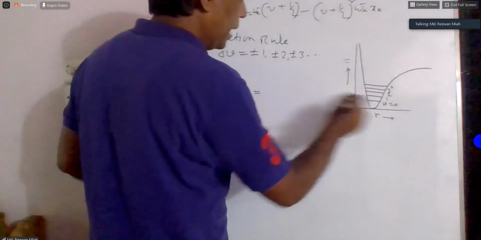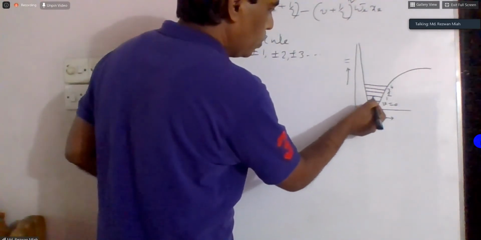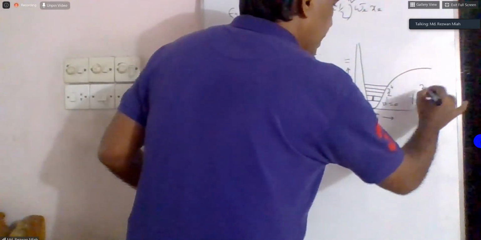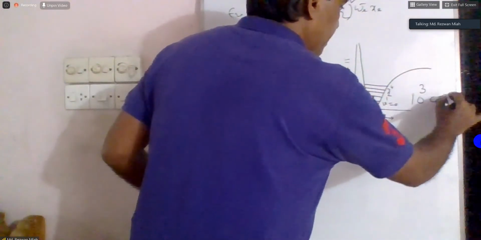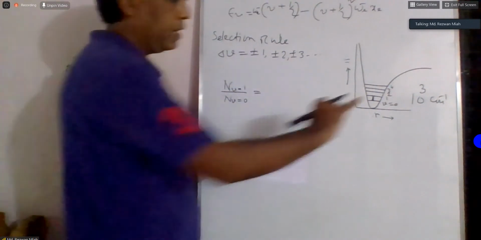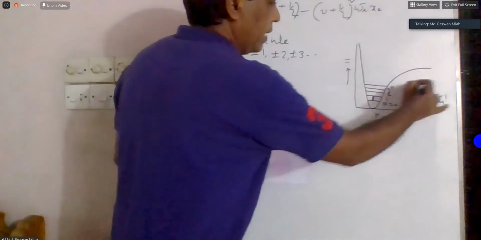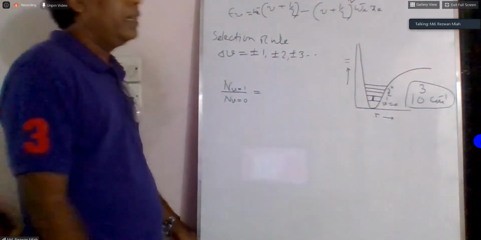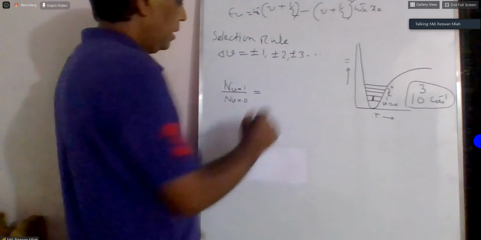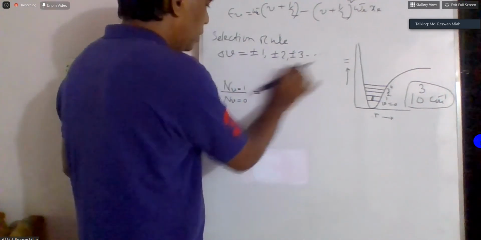And if we consider the energy gap between these two levels, suppose this is 10 to the power 3, that is 1000 per centimeter. The energy level separation between 0 and 1 level is approximately 10 to the power 3, that is 1000 per centimeter. So the expression is exponential, e to the power.